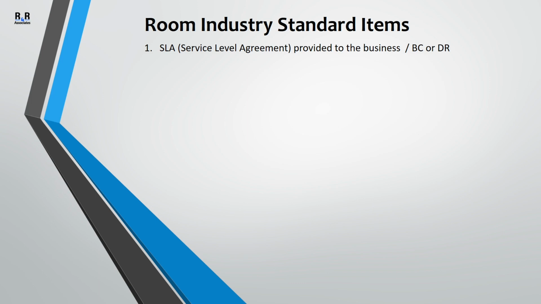You want to know what you provide to the business in terms of support, uptime, and how fast you actually fix a problem when it's there. You also want to know other things around SLA for the products that go into the room from your vendor: response time and everything related to an SLA.